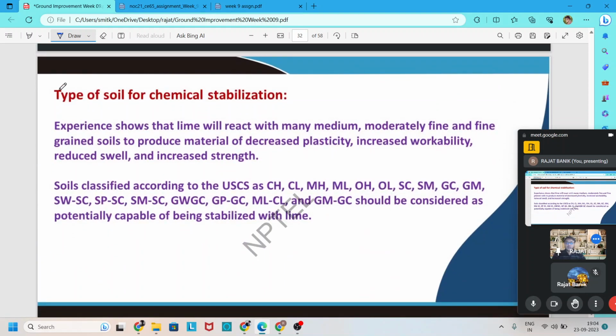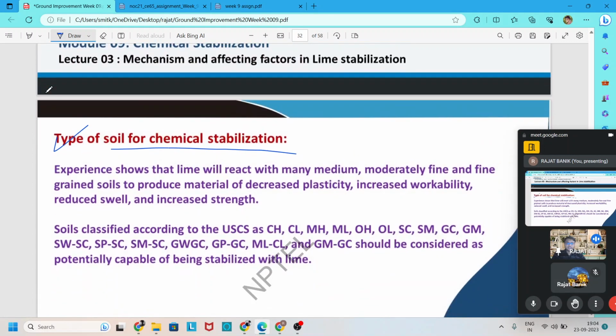Now we discuss the types of soil for chemical stabilization. Experience showed that lime will react with many medium, moderately fine and fine-grained soils to produce material of decreased plasticity, increased workability, reduced swell and increased strength.